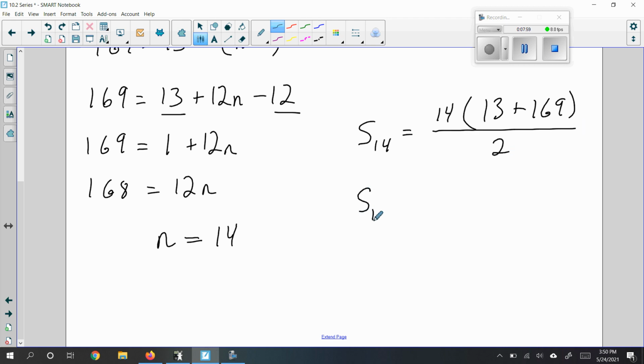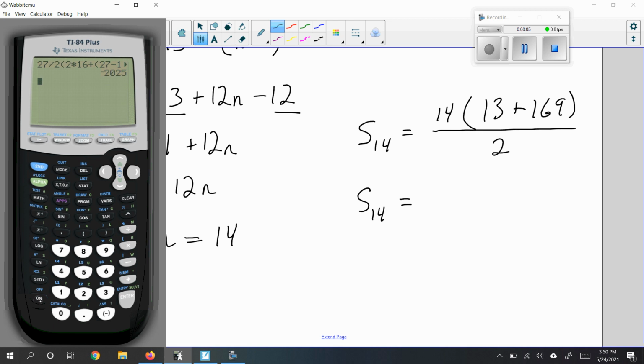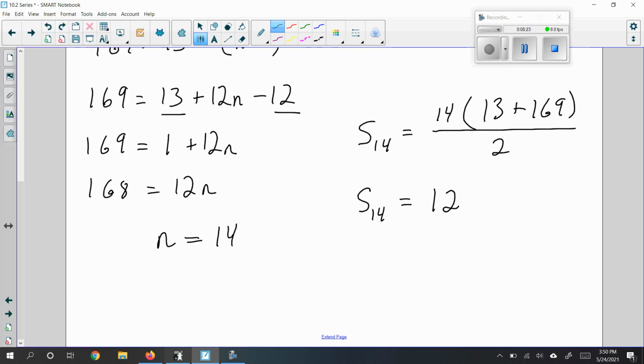So the sum of the first 14 terms of this sum is 1,274.